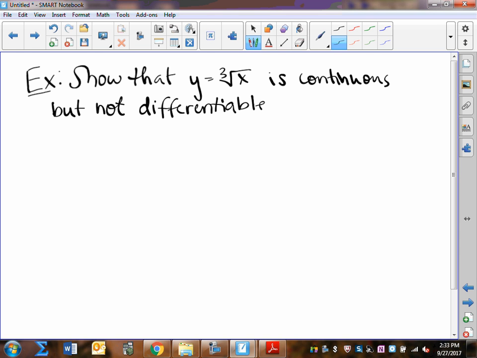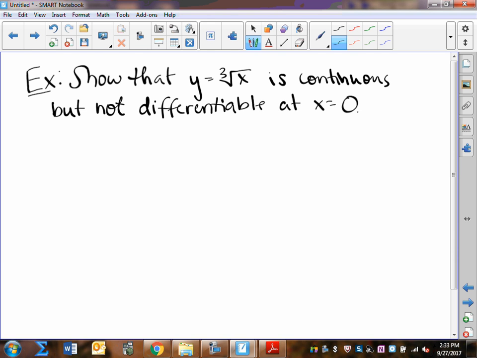What point do you guys think I'm going to make? Any thoughts? Or is it not differentiable at 0? All right, so show that this function is continuous, but not differentiable at 0.